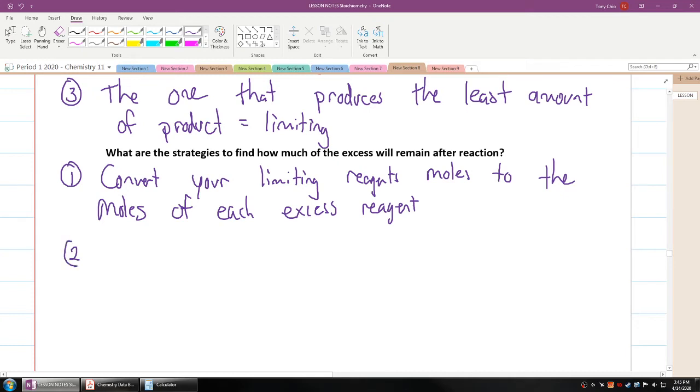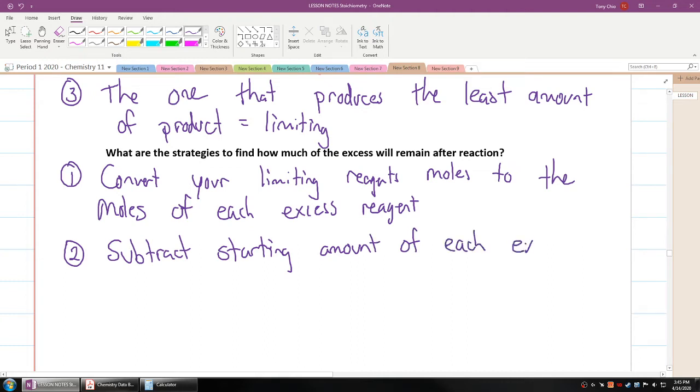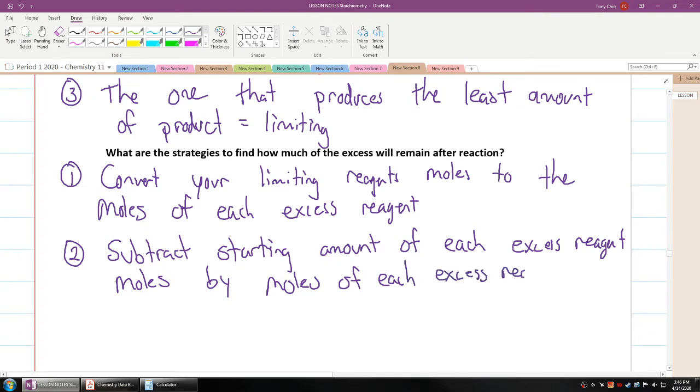What's step 2? Step 2 is subtract the starting amount of each excess reagent moles by the moles of each excess reagent used up.